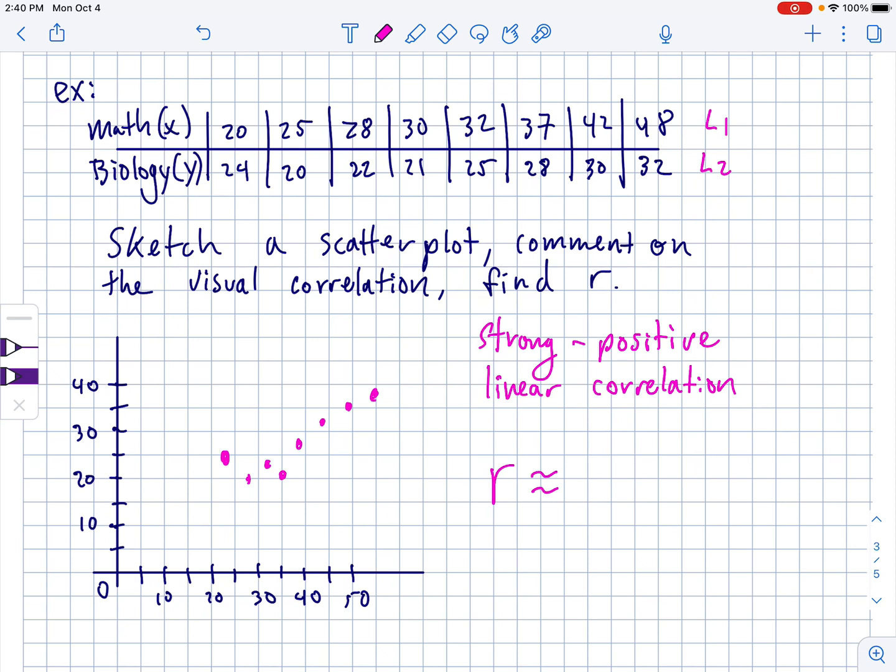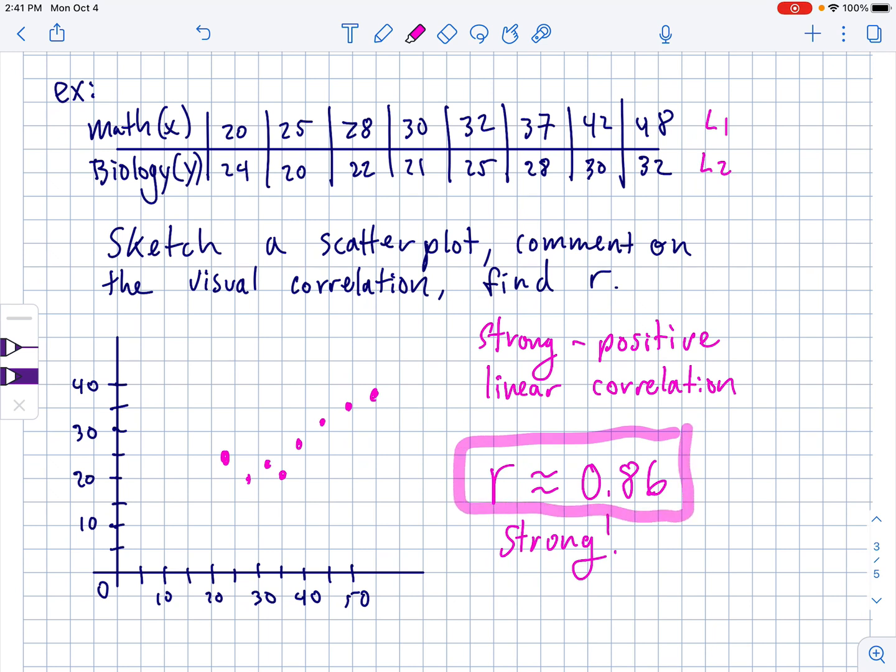But if you do run LinReg, you should get that R is about 0.86. This is indeed a strong correlation because that number is getting close to +1. Remember that the closer it is to +1 or -1, the stronger it is, and the closer it is to 0, the weaker it is.